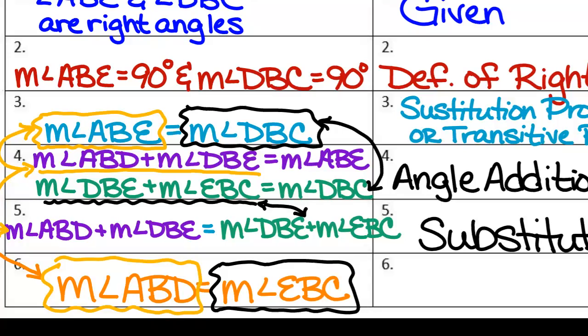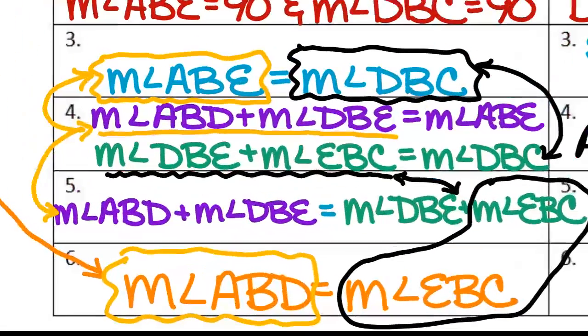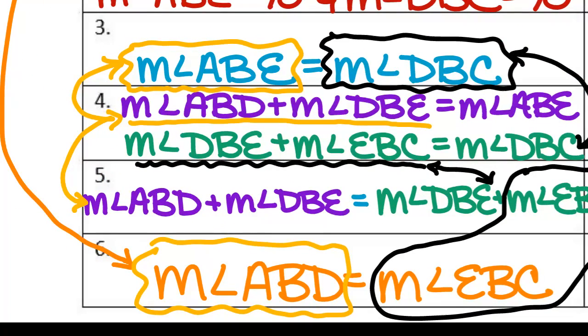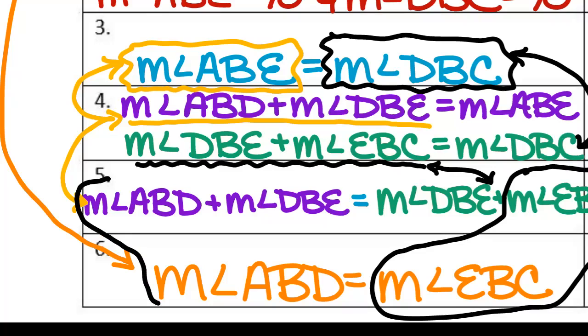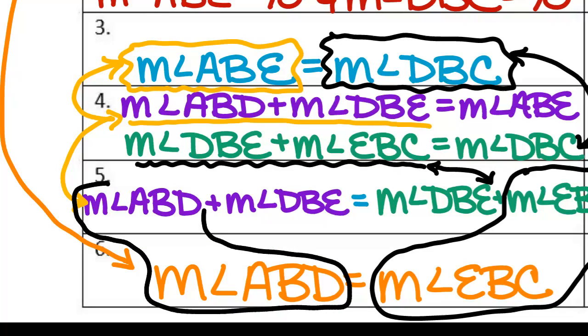I want EBC alone by itself on the right-hand side. Do I have EBC on the right-hand side in step 5? Yes. I have EBC and EBC. I want ABD on the left-hand side. Do I have ABD on the left-hand side in step 5? Yes, right here. ABD and ABD. But statement 5 has a lot more going on. What else is going on in statement 5 on the left and on the right? The addition.